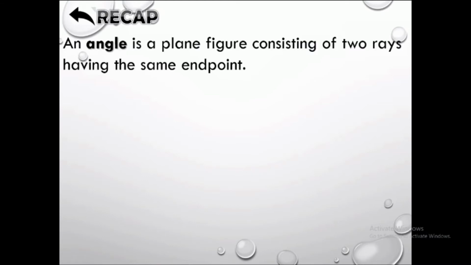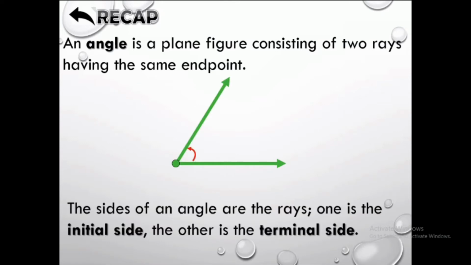For the recap, let us recall the key concepts involving angles. An angle is a plane figure consisting of two rays having the same endpoint. The sides of an angle are the rays. One is the initial side, and the other is the terminal side.